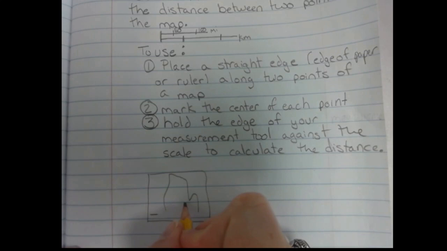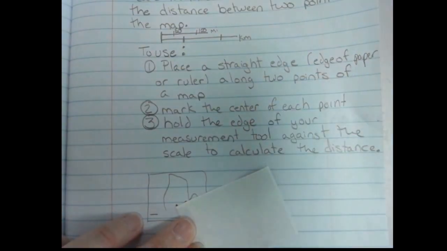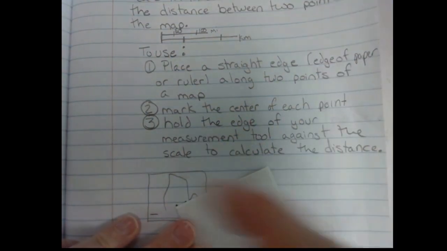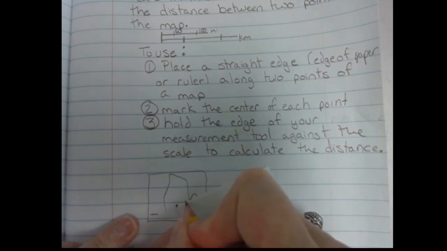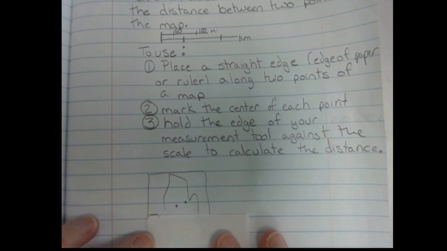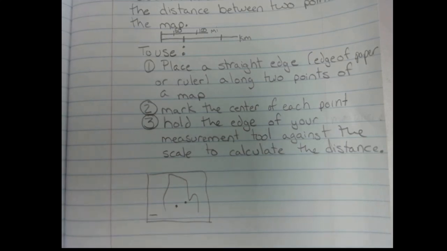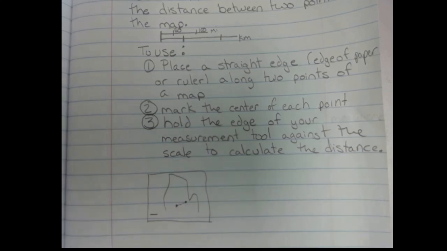So I've got, say, Flint and Lansing. So on my piece of paper or my straight edge, I would mark the center of each point on my paper. I would then move it against the scale in order to calculate my distance. Okay, so that's just an example of how this will work. Okay, it's always good to have a straight line as well.